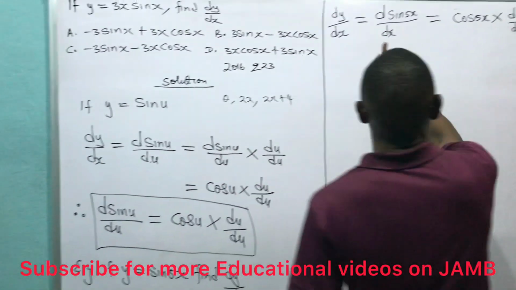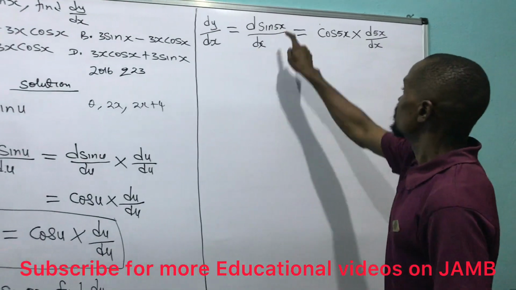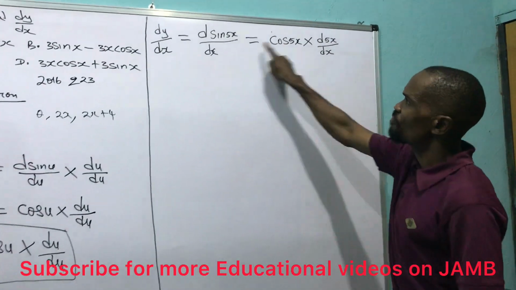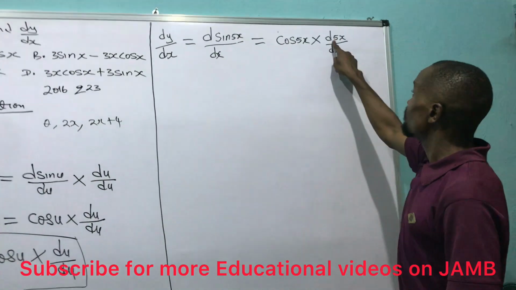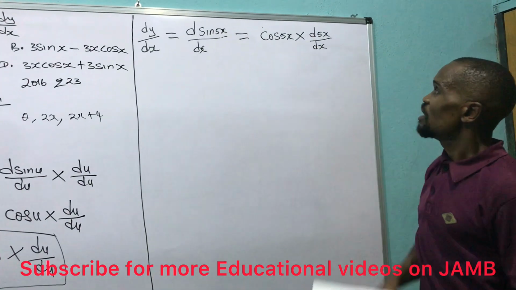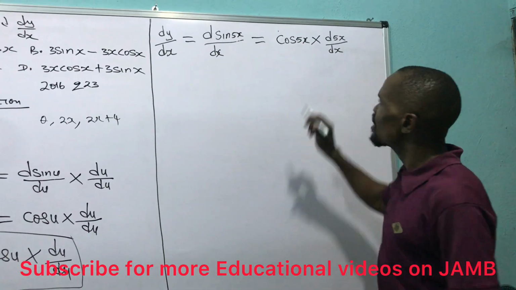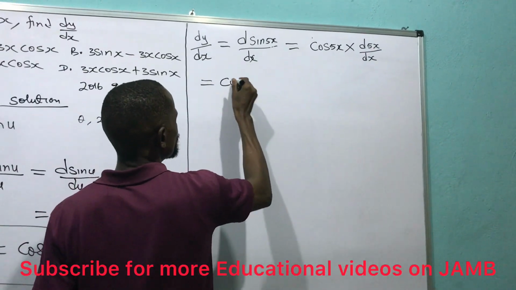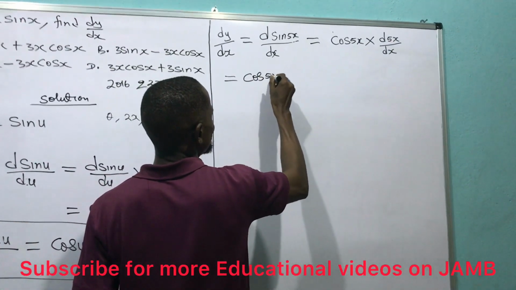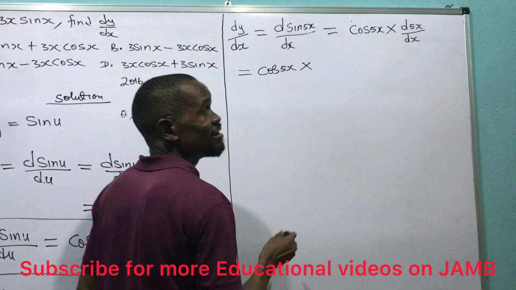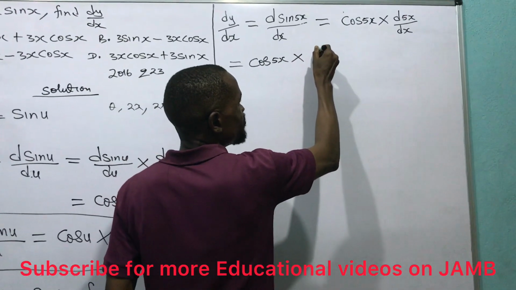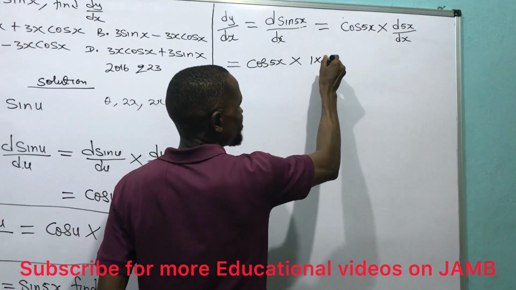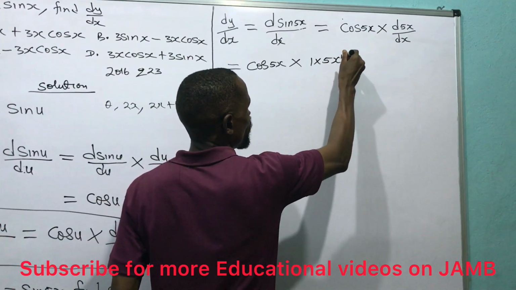So looking at this, I'm differentiating this. It will give me cos of its angle times differentiation of its angle. And differentiation of its angle gives cos 5x times 1 times 5x raised to power 1 minus 1.